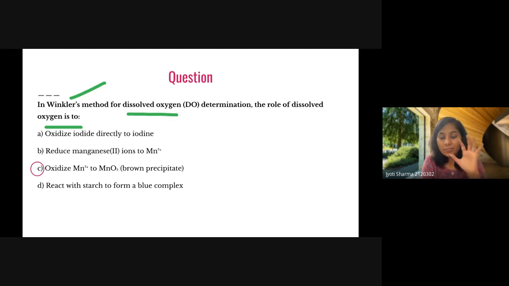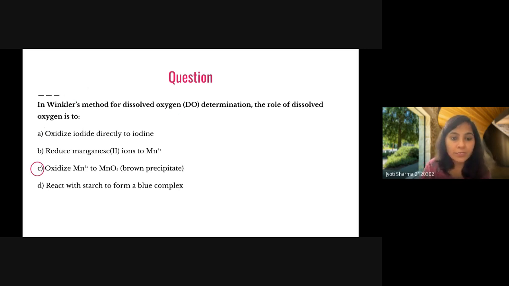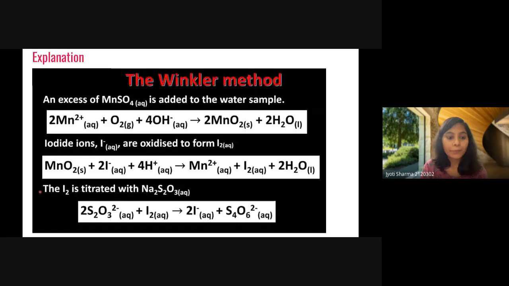The first step will be the reaction of dissolved oxygen with the manganese, and that will give you the brown precipitation. Okay, let me show you the different steps we have to measure the dissolved oxygen. So just see here. First we have oxygen that is dissolved in the water, right? And we will add manganese sulfate into our water sample.